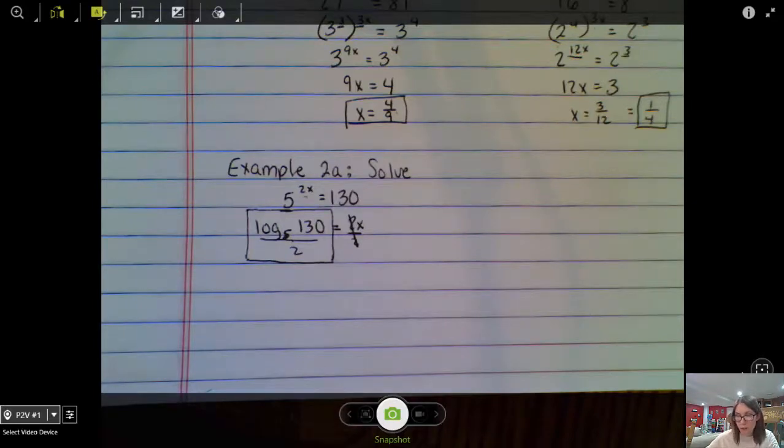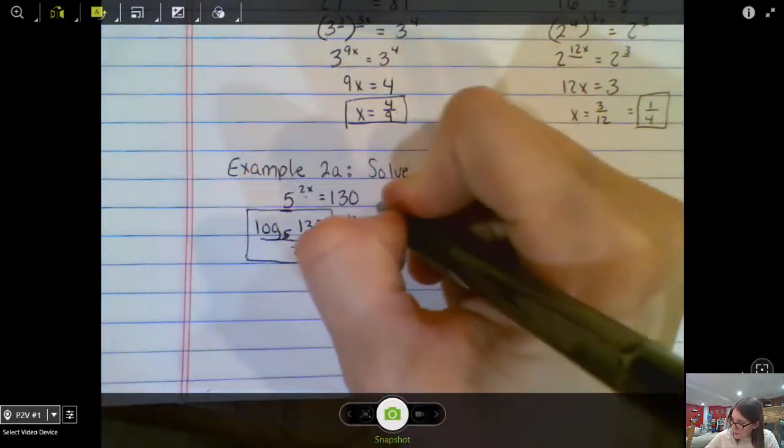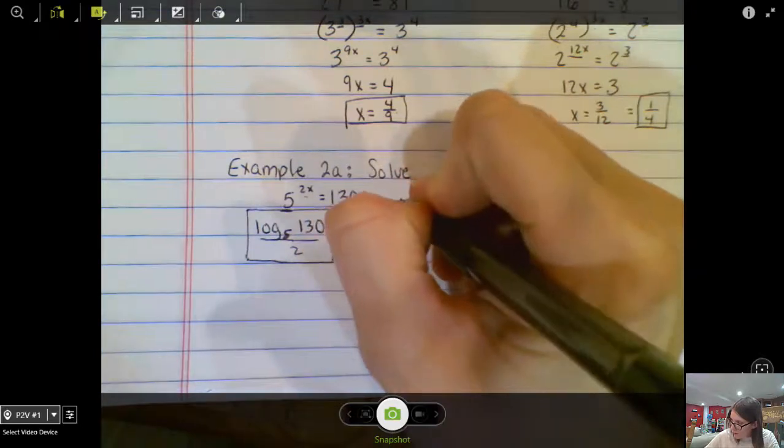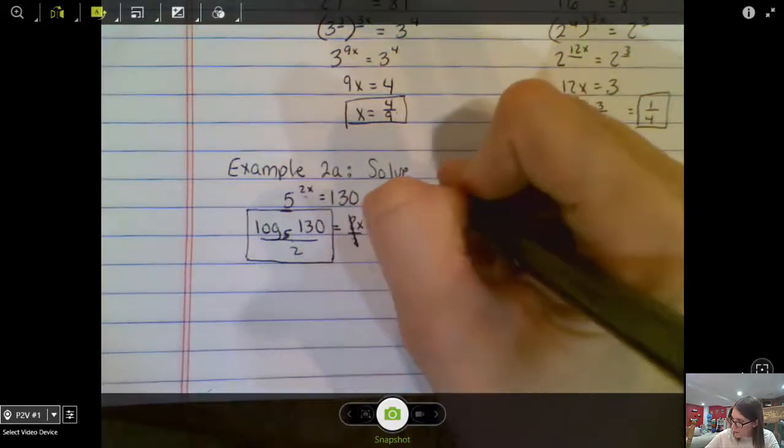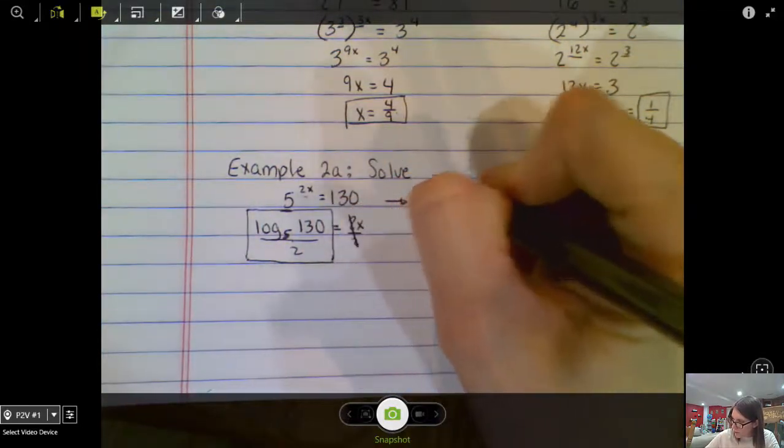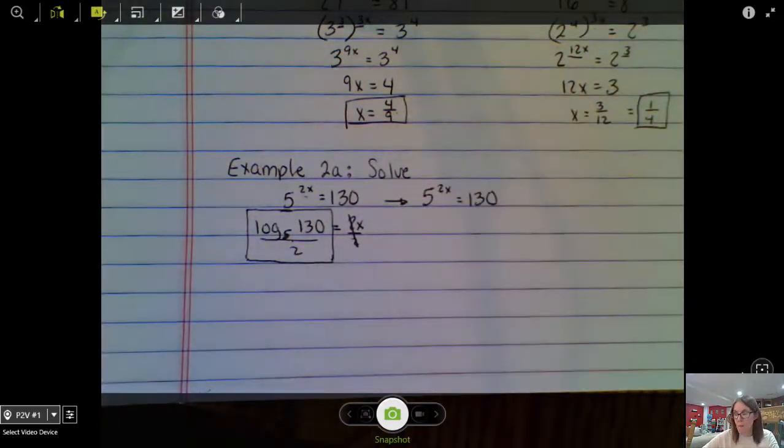Again, we could solve this problem another way. And the way that we would do this one also uses logarithms. In the past, you have solved an equation by adding something to both sides, or multiplying both sides by something, or taking a square root of both sides, or even squaring both sides.